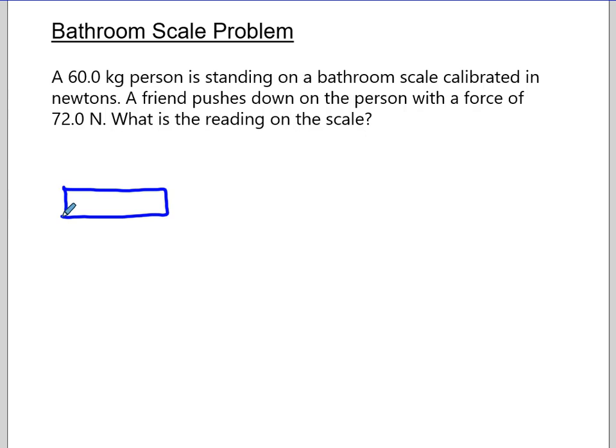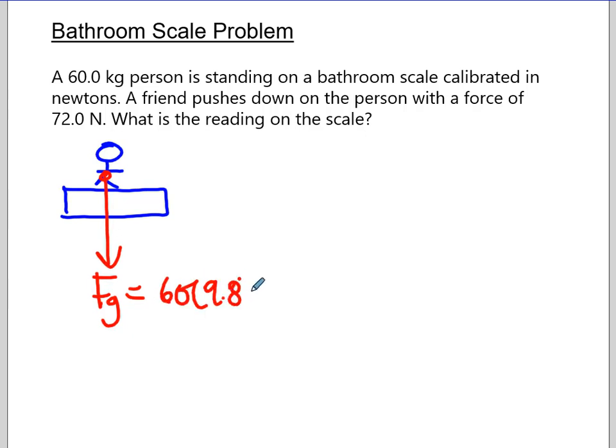It's like inserting a sensor in between a person and an object to sort of see what the force of their contact is. Okay, so if we have our person here standing on the bathroom scale and they have a certain FG, okay, so their FG would be 60 times 9.8.